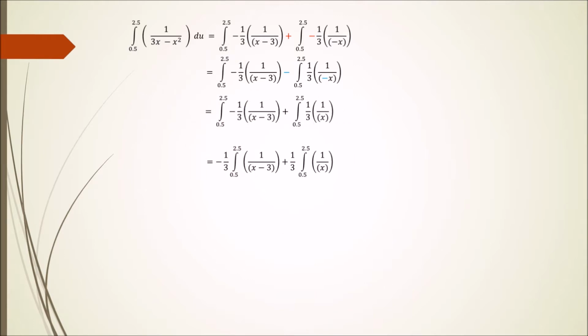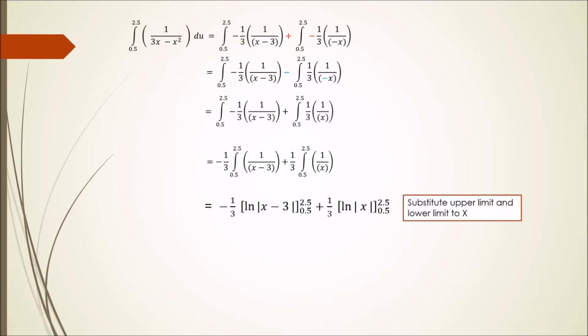The next step is take out negative 1 over 3 outside the integration. So integrate 1 over x minus 3 becomes ln modulus x minus 3, and integrate 1 over x becomes ln x. Don't forget to write the upper and lower limits.